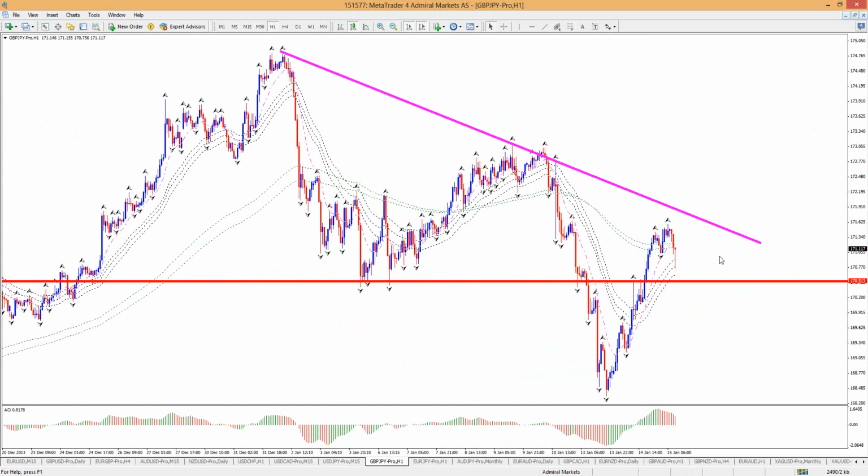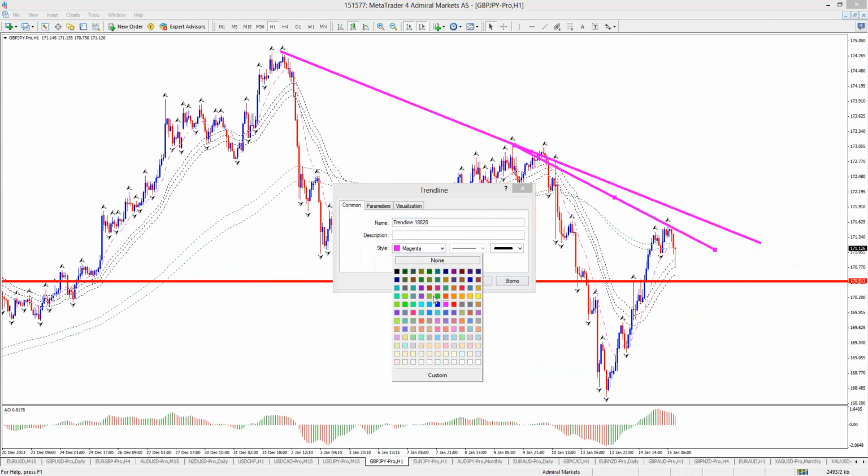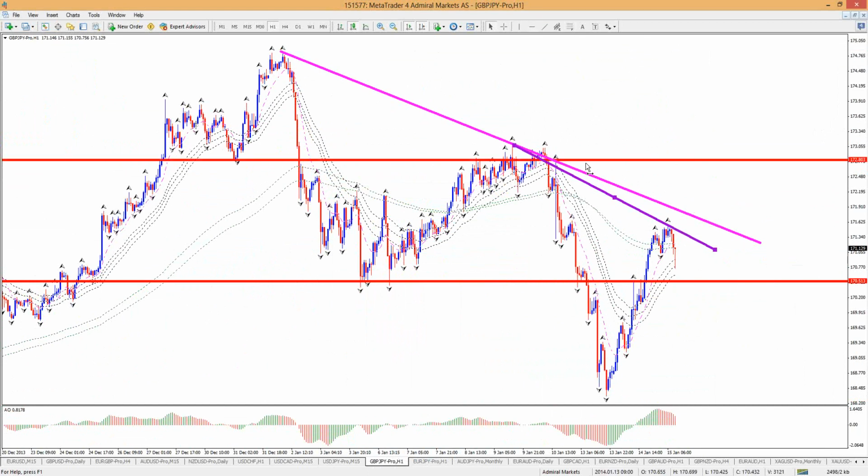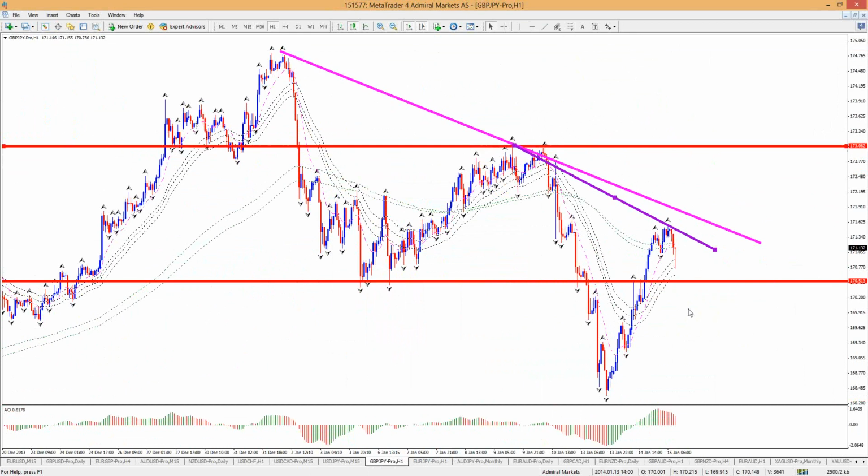Let's see. A break of purple, maybe a potential for a small move up to magenta, a break of magenta. There could be more potential to move up again up to the resistance.